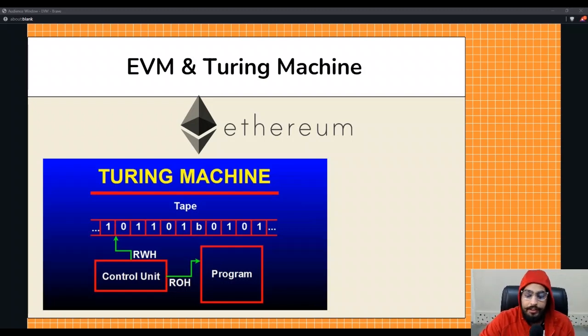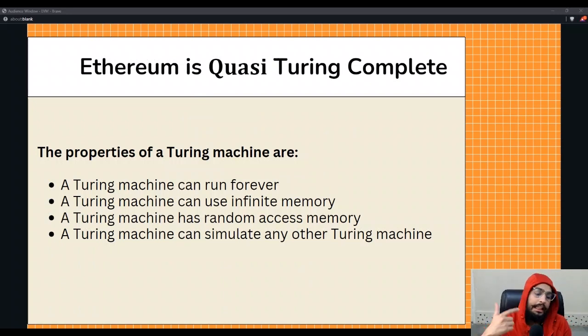So now let's talk about why the EVM, or Ethereum, is quasi-Turing complete. The properties of a Turing machine are as follows. A Turing machine can run forever, it can use infinite memory, it has random access memory, and a Turing machine can simulate any other Turing machine.